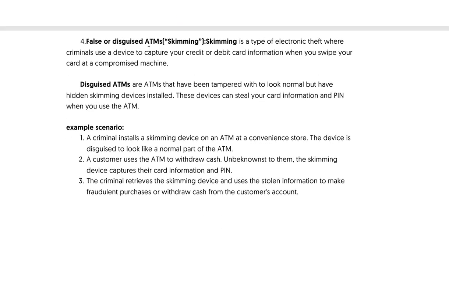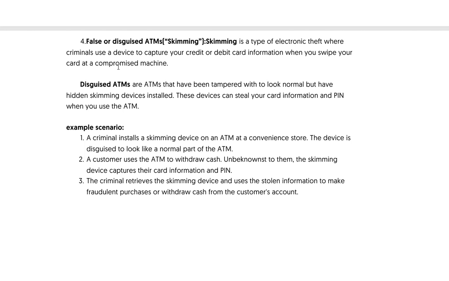Next, you have a false or disguised ATM, which is known as skimming. What do you mean by skimming? Skimming is a type of electronic theft where a criminal uses a device to capture your credit or debit card information when you swipe your card at a compromised machine. They usually keep a device which they use to capture the card information.